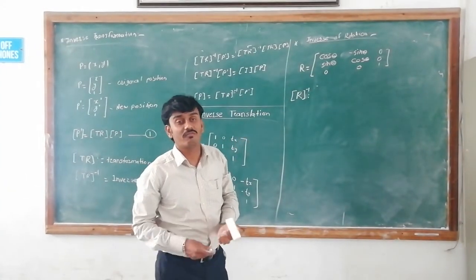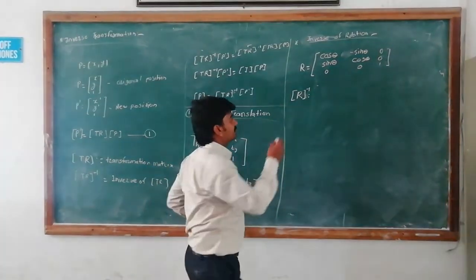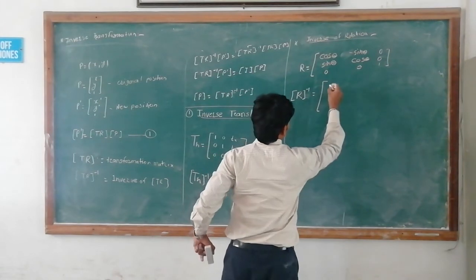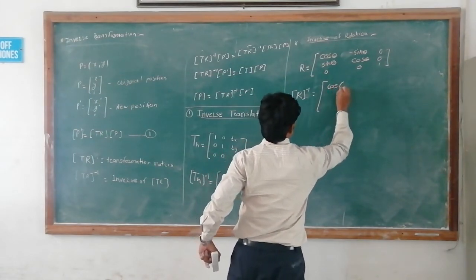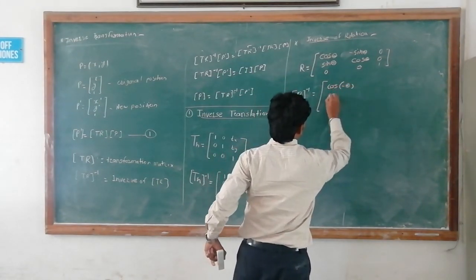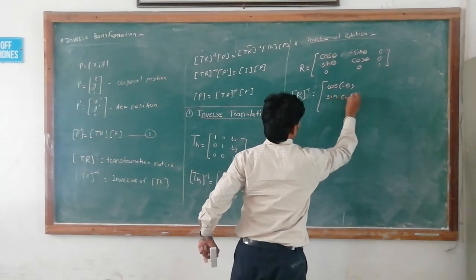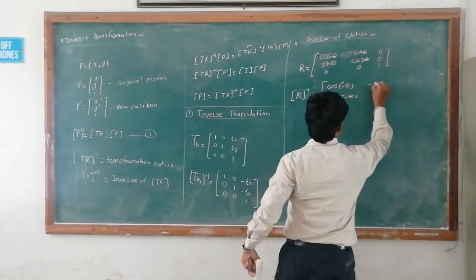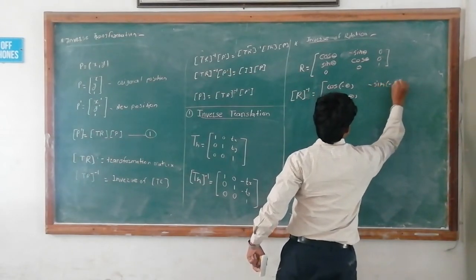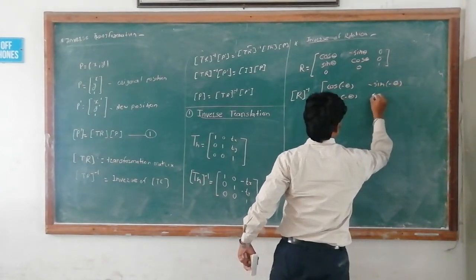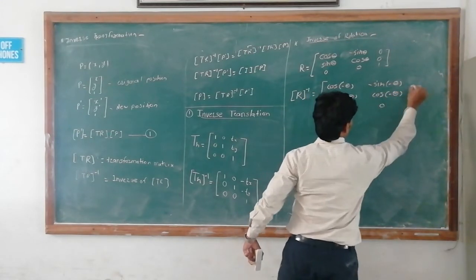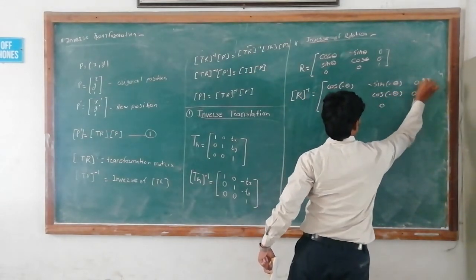So the inverse of the rotation matrix is: cos of minus theta, sin of minus theta, 0, minus sin of minus theta, cos of minus theta, 0, and 0 0 1.